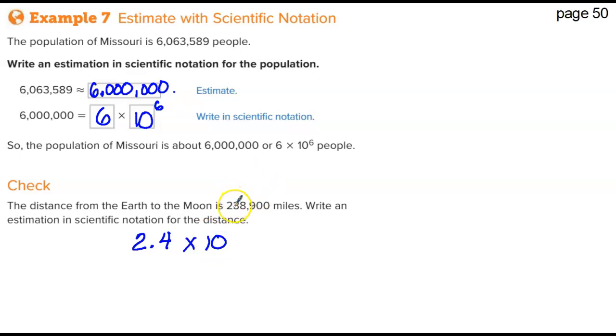I rounded. I wanted one more number, and the 8 made the 3 round to a 4. How many times did I move the decimal? It ends here and it begins here. 1, 2, 3, 4, 5 places. And this is a large number, larger than 1. So this is a positive 5.